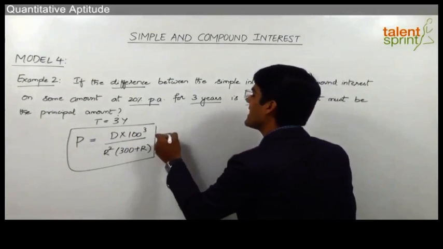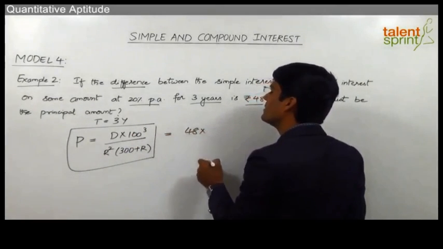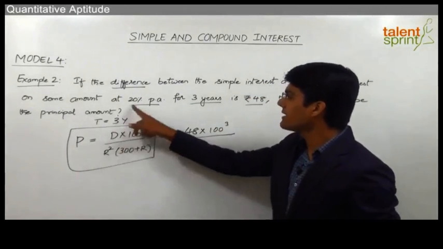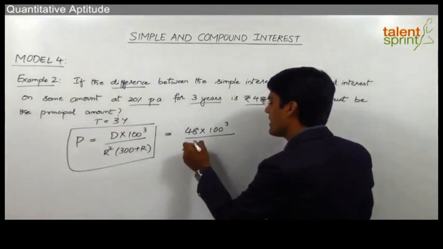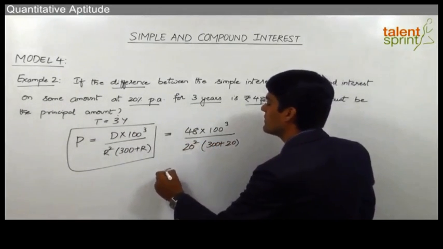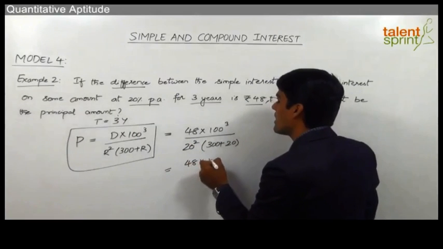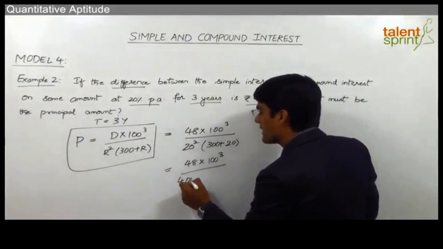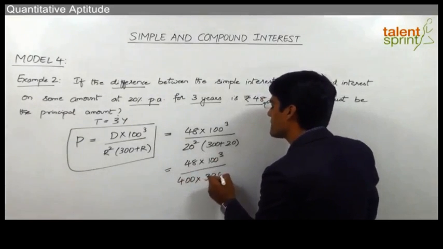So this can be taken as 48 into 100 cube divided by R squared. R is nothing but 20 here. So 20 squared into 300 plus R, that is 20. So this will be equal to 48 into 100 cube divided by 20 square is 400 into 320.